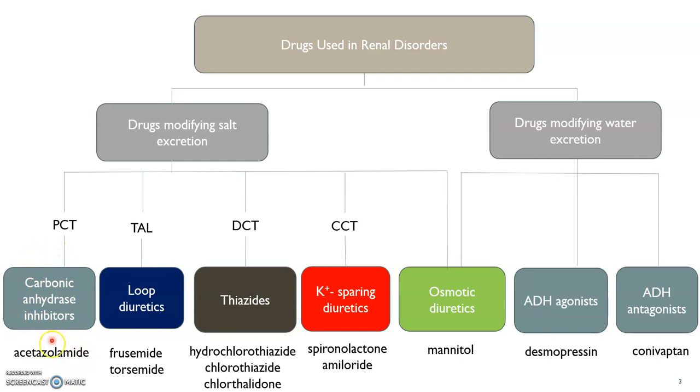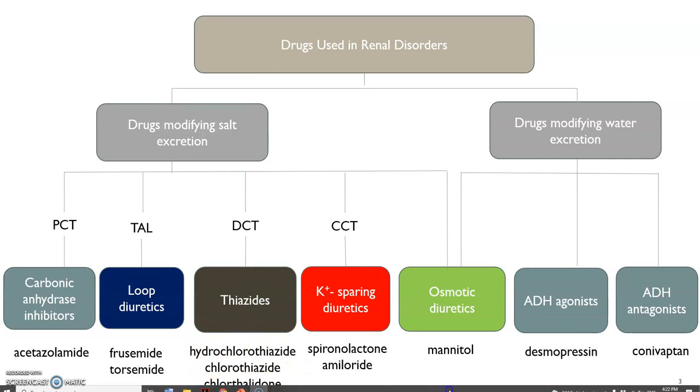This drug is not so important for this particular topic, diuretics, but it's mainly used for other purposes. Then we have the loop diuretics, acting at the ascending loop of Henle, mainly furosemide and torsemide. Then we have drugs that act at the distal convoluted tubule, the thiazides, mainly hydrochlorothiazide, chlorothiazide, and chlorthalidone.